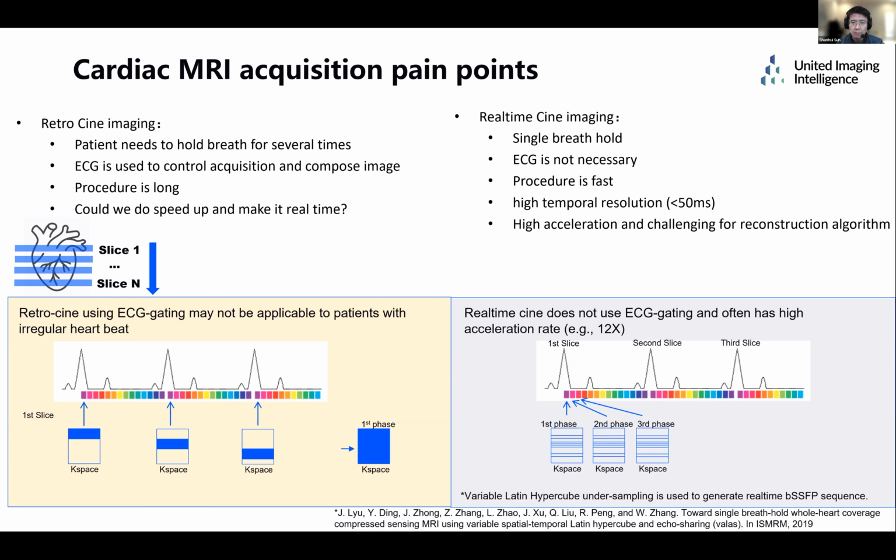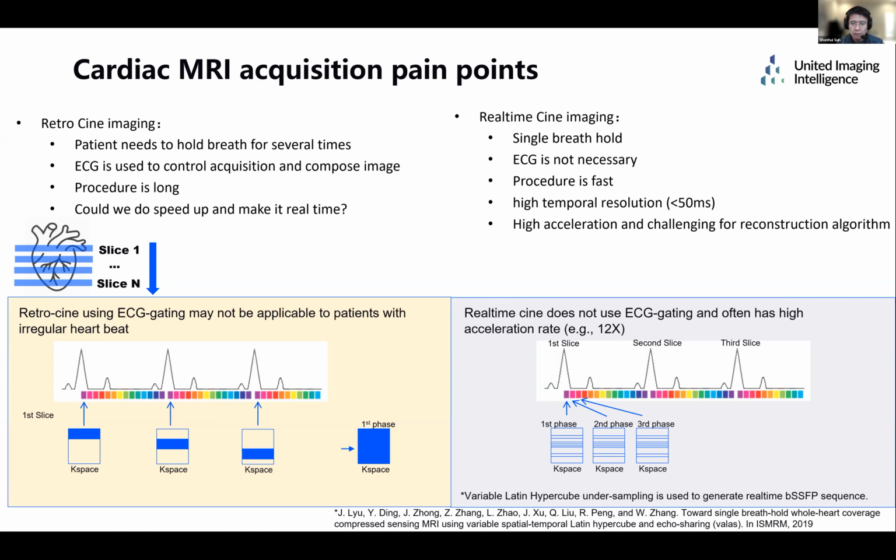That's for sure. We came up with a real-time Cine imaging sequence. Basically, we just ask the patient to hold their breath once, for 12 to 15 seconds. And that's it. We get all the acquisition for the entire heart for all the cardiac phases we need.